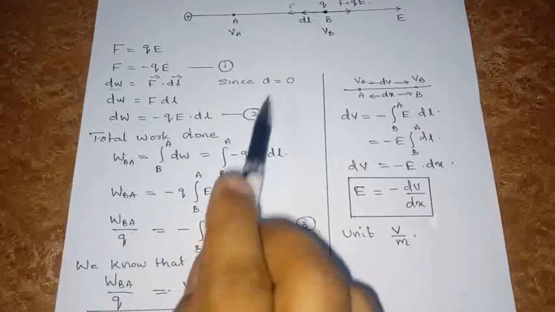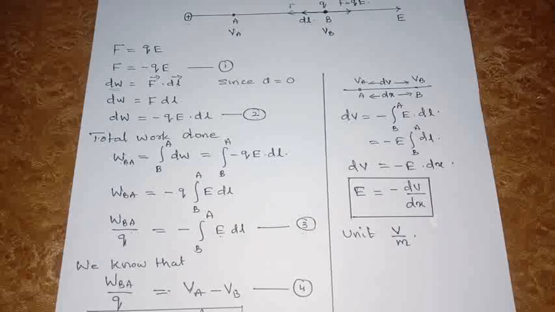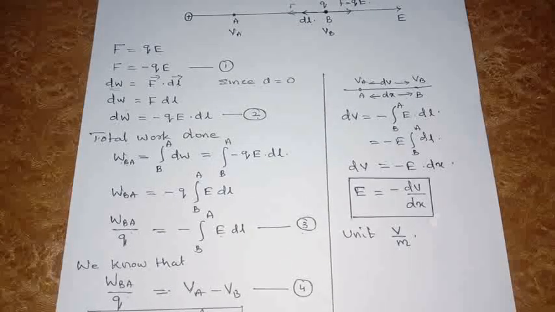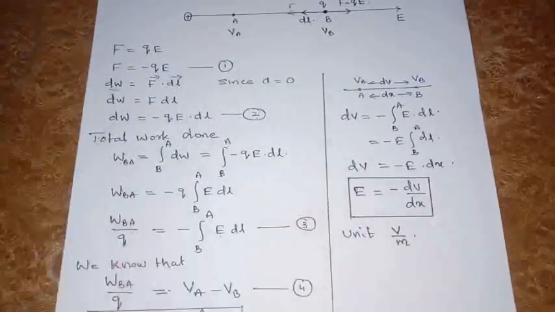If I am not considering theta equal to 0 here, I can write it as minus the integral from B to A of E dot dl. It's obvious that theta is equal to 0, therefore E dot dl is equal to E dl, which we can do in this step, or otherwise you can do that in the beginning itself.